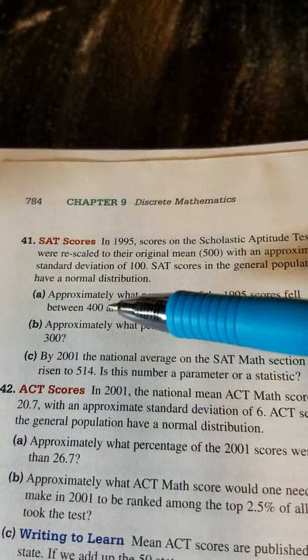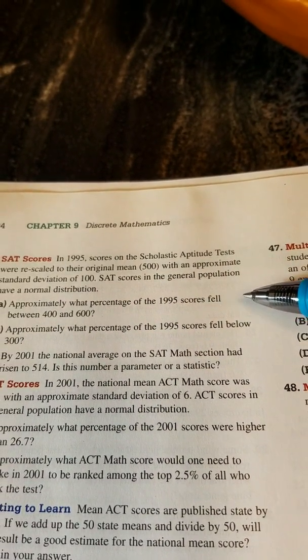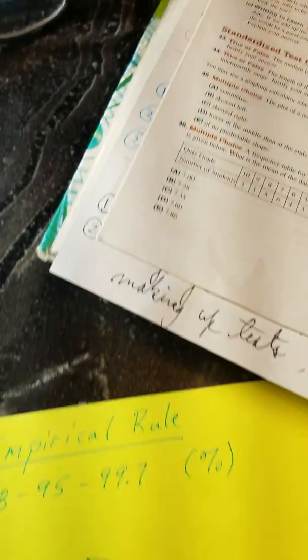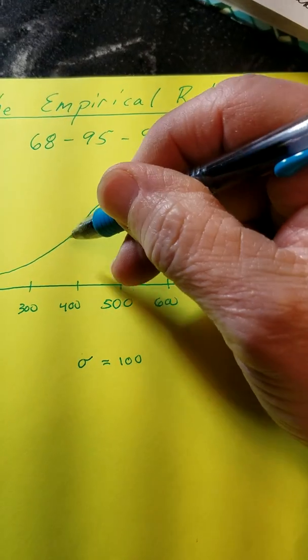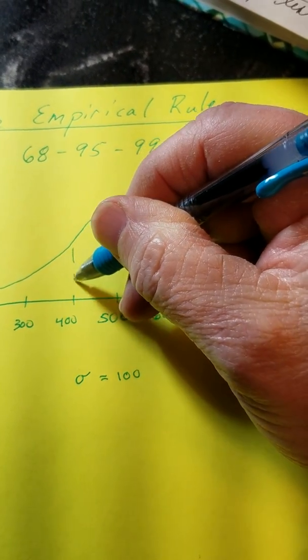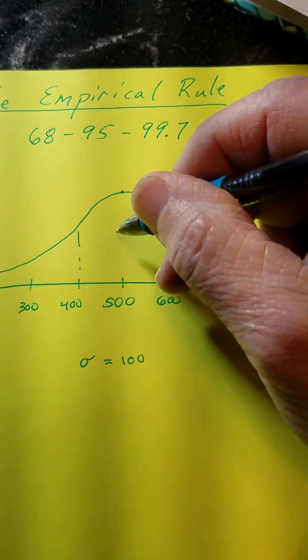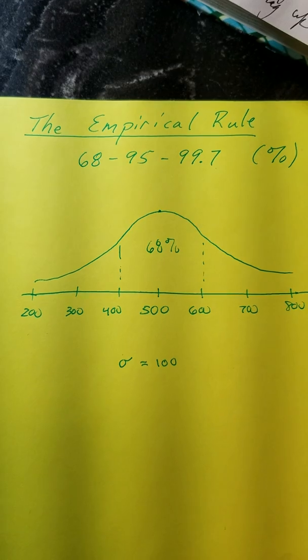Okay, so in the book it says approximately what percent of the 1995 scores fell between 400 and 600. Well, here's 400 and here's 600. So between here and here would be 68%.